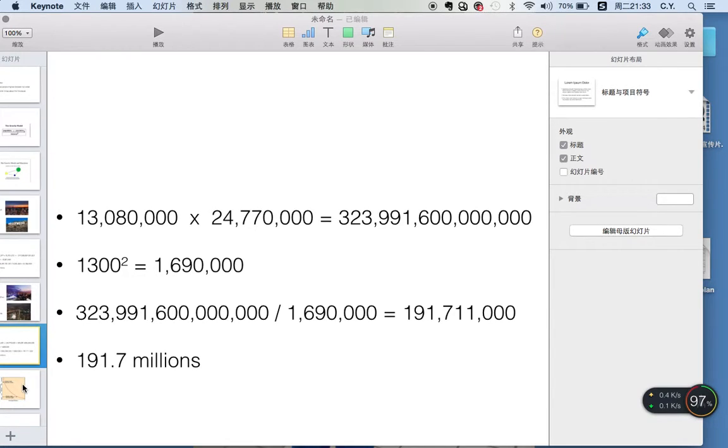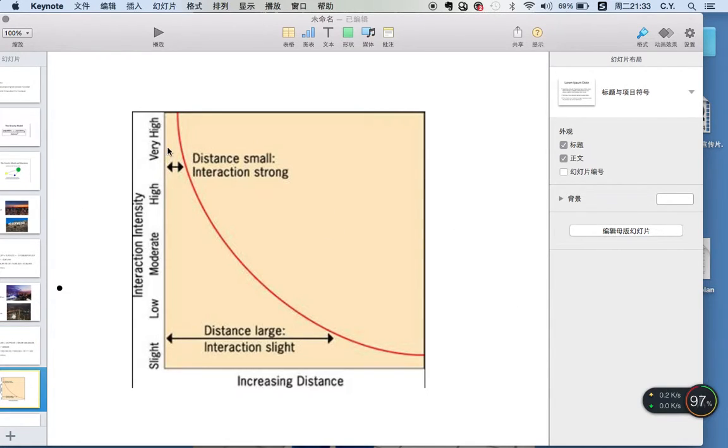So let me introduce another idea. When the population of two cities stays constant, the further apart the two cities are, the smaller the gravity between them.